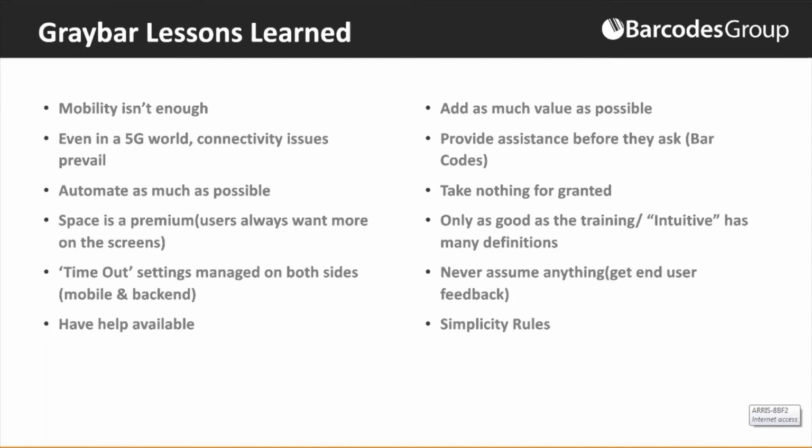You're doing a cycle count, and then a truck comes and it's got an emergency shipment on it, and you need to go and do that receiving. Well, your cycle count is still in process, so you don't want to lose that work. And so you need to make sure that connection stays while you go and do whatever it is that you're called away for. So that was another one that really helped with user adoption.